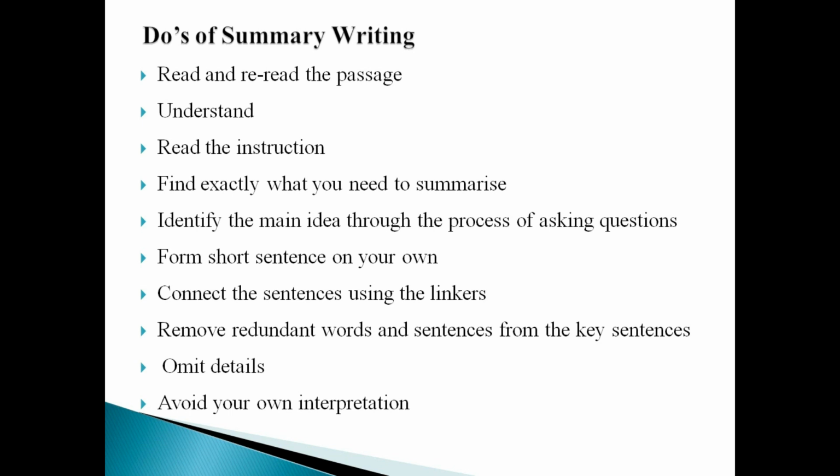When you are writing a summary, use reporting words to introduce the author's points. Use transitional words and phrases. And the most important thing, you should avoid your own interpretation.